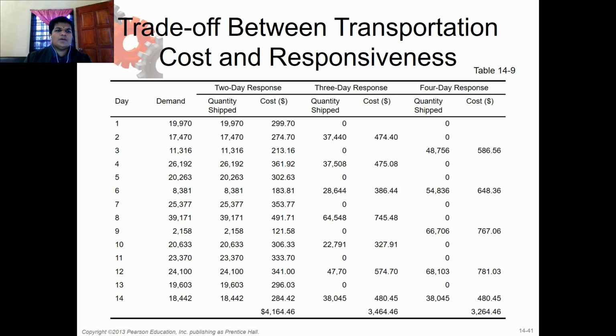Okay, and here day 1, see all data is very important. Okay, day 1 the demand is 90,970, quantity shipped is 19,970, cost is okay, cost today respond you see so the cost is 299.77, quantity shipped is 0.